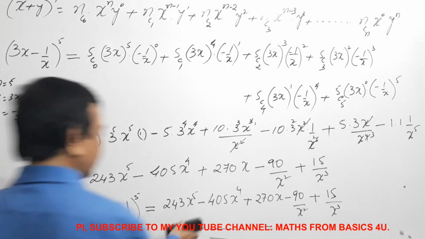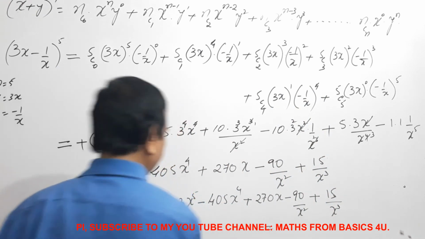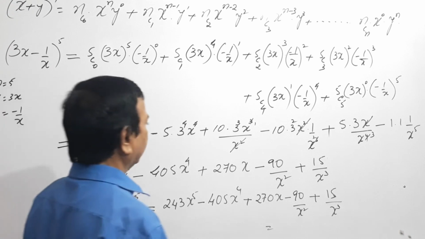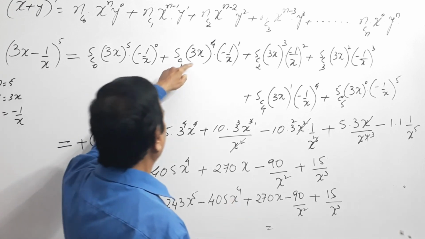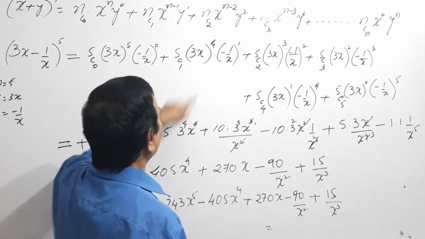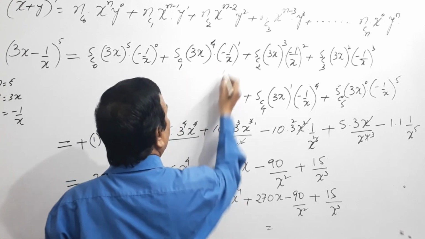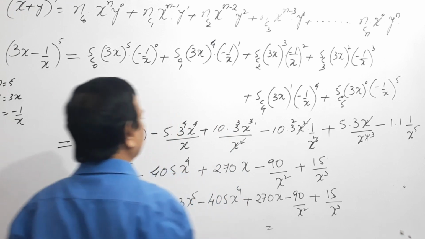Please make a note of this. Please make a correction here. We have 5 C 4, x to the power, you have 1 by x here, by x.